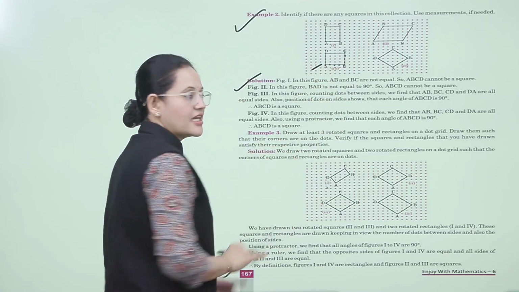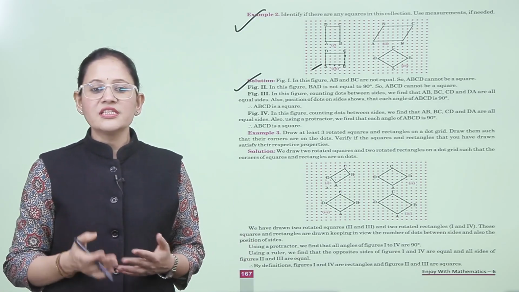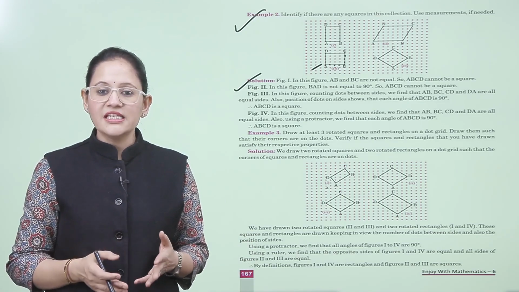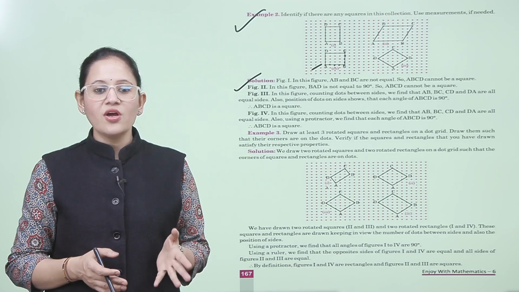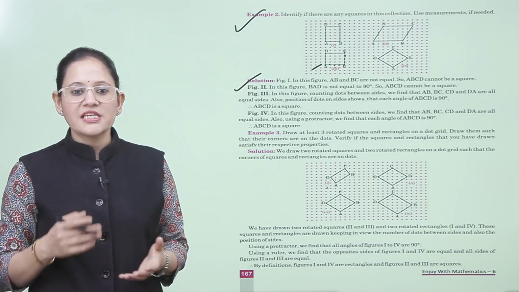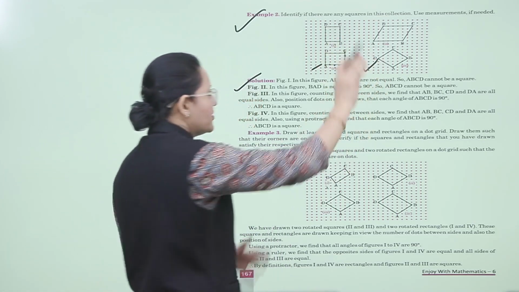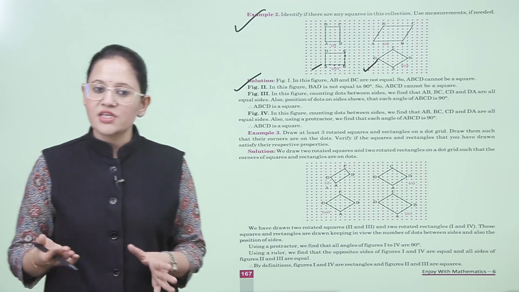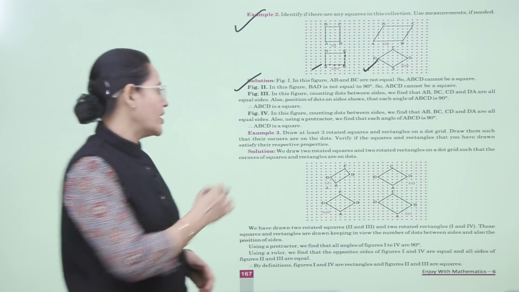So, that means it is a square because all sides are equal. In figure 4, counting dots between the sides, we find that AB, BC, CD, DA are all equal. Also, using the protractor we find that each angle of ABCD is 90 degrees. Here we have rotated but the sides are equal, so it is a square. So, ABCD is a square.